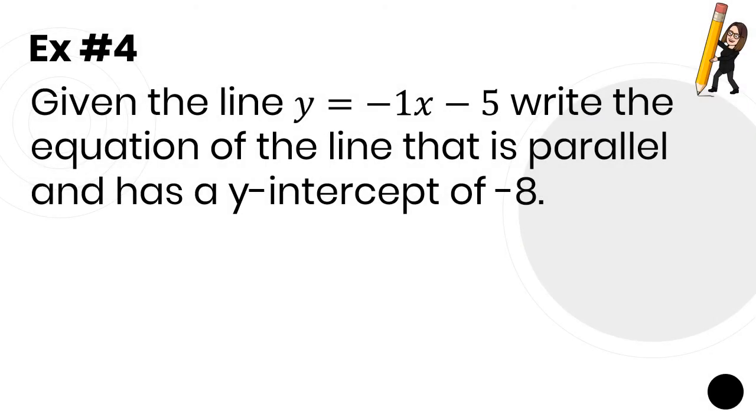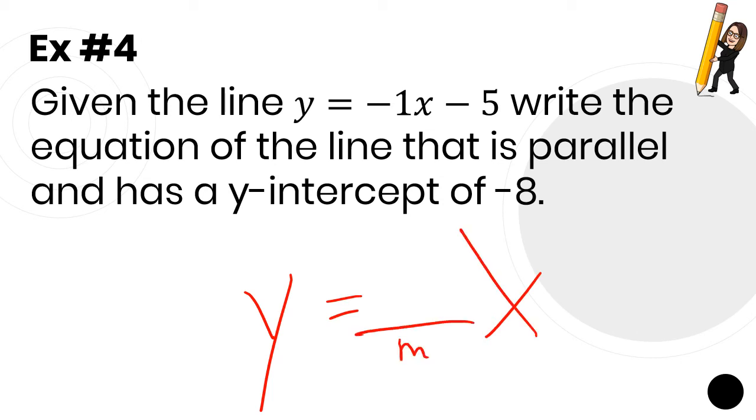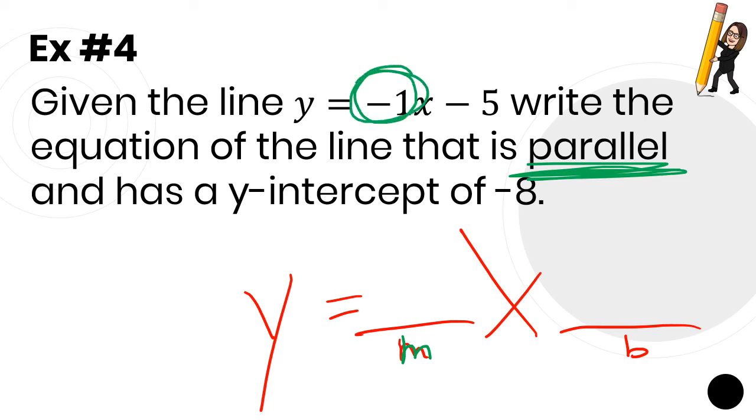All right, let's take a look at one more. Given the line y equals -1x minus 5, write the equation of a line that is parallel and has a y-intercept of -8. So let's set up my y equals mx plus or minus b. Slope, let's start with slope. For my m, if it's parallel, I want to keep the same slope.